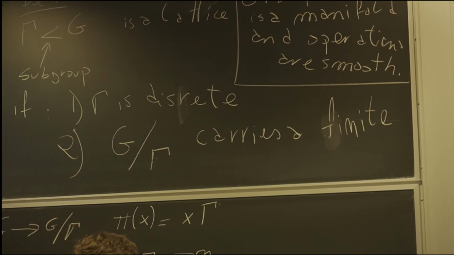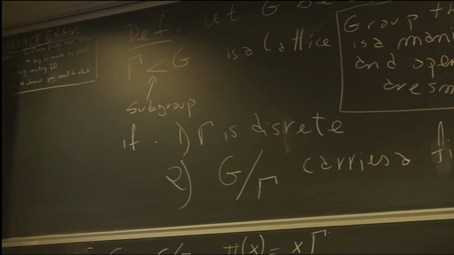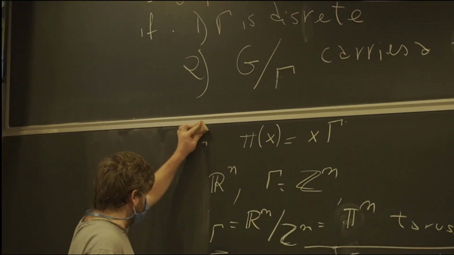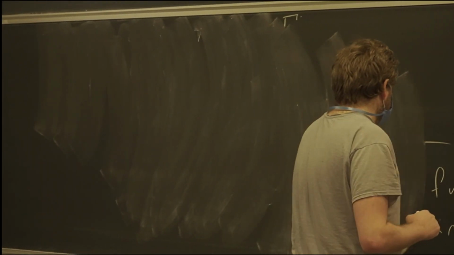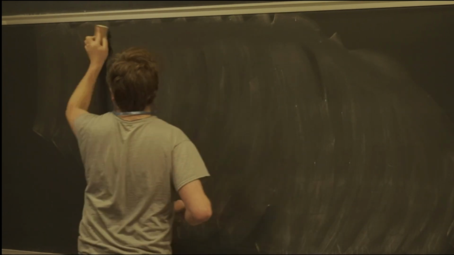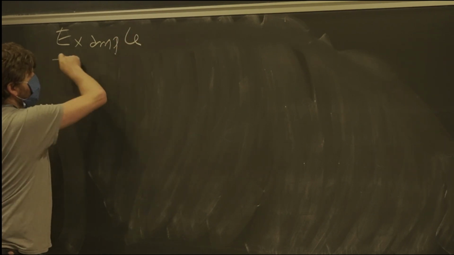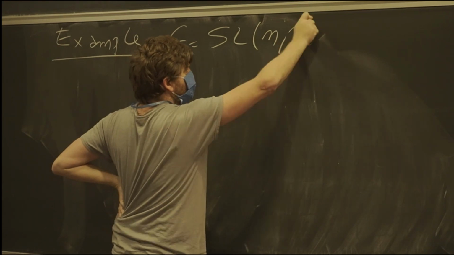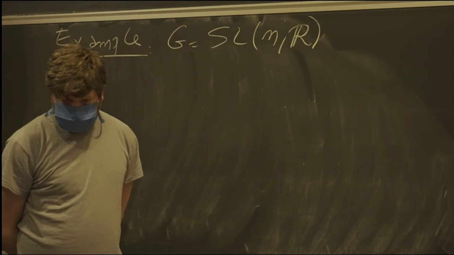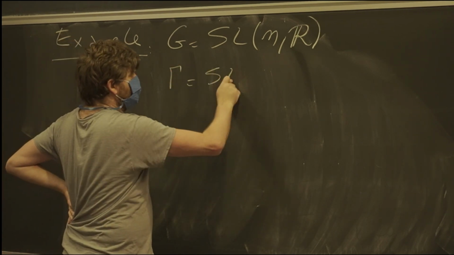So let me give you an example of a lattice other than these co-compact lattices, since so far I didn't give any explicit one. For the type of groups we care about, our main example of groups is SL_n(R), and the main example is SL_n(Z).